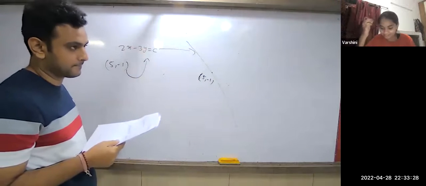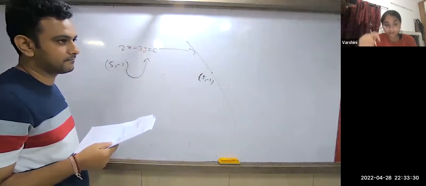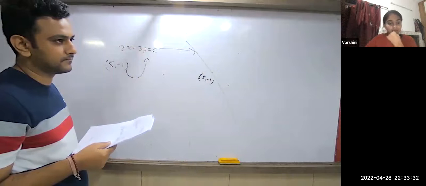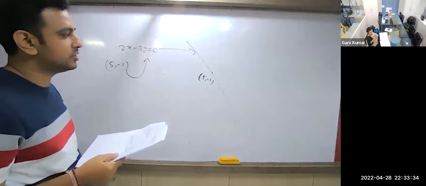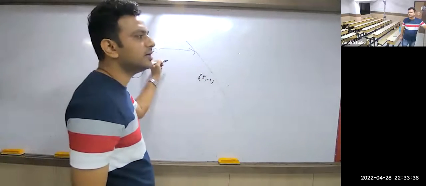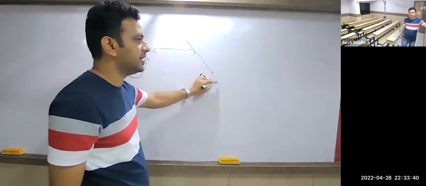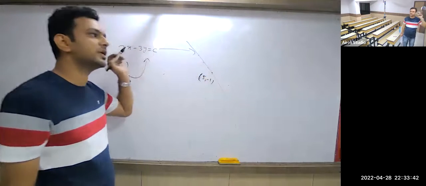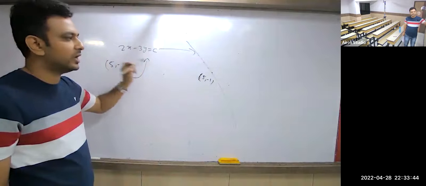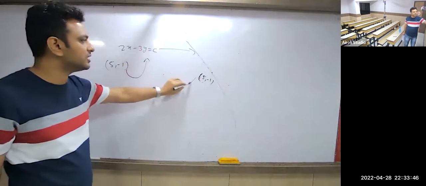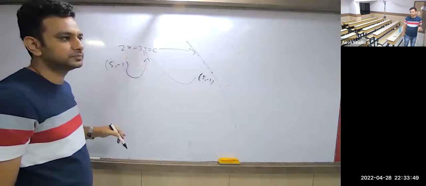Sir, I'm not really sure which formula to use. Actually, this point lies on the line. I told you, each point on the line will satisfy the equation of the line. And this point lies on the line, which means it will satisfy the equation.